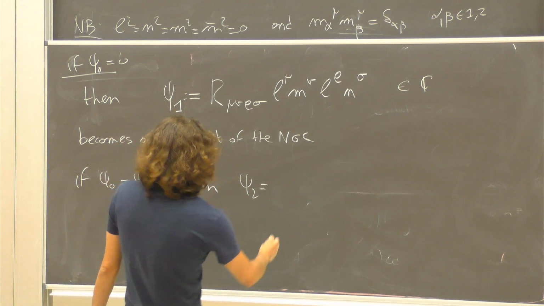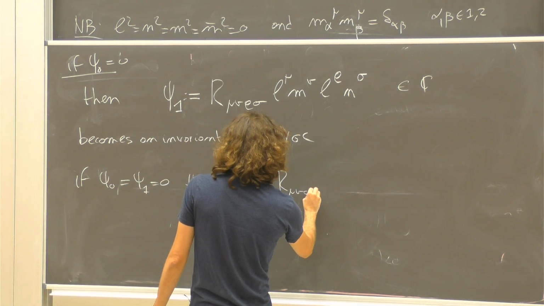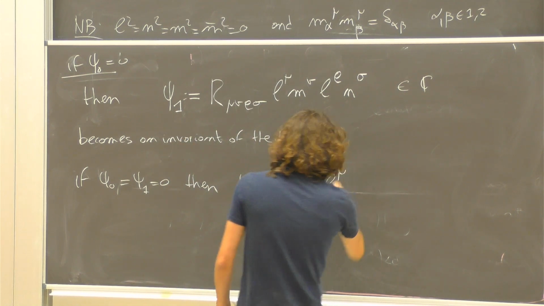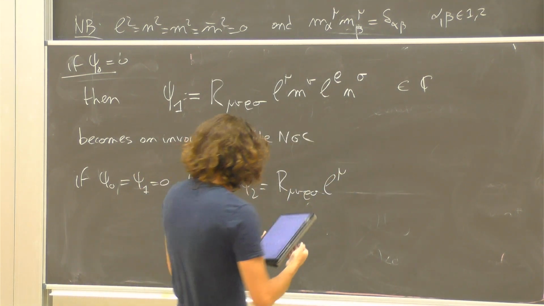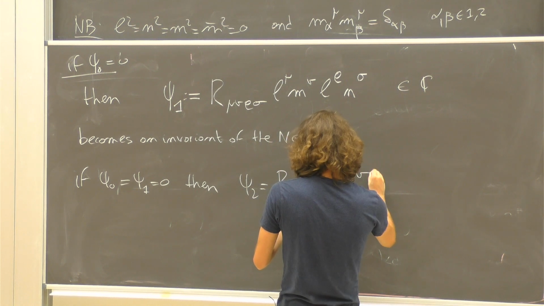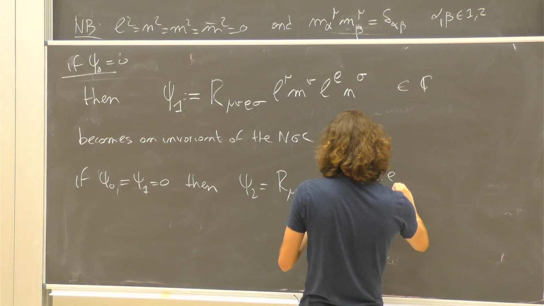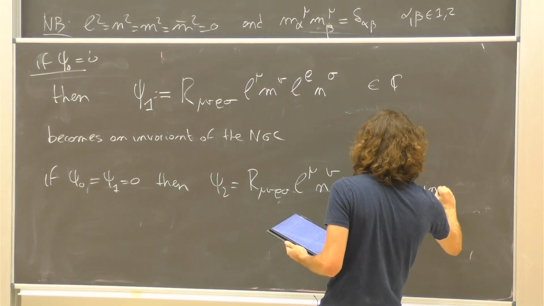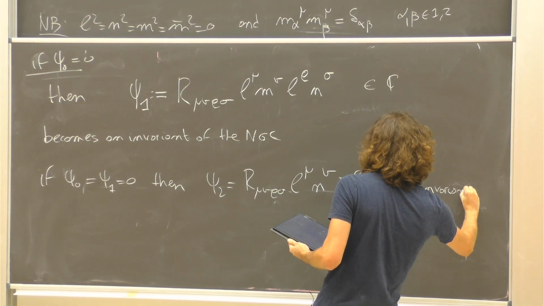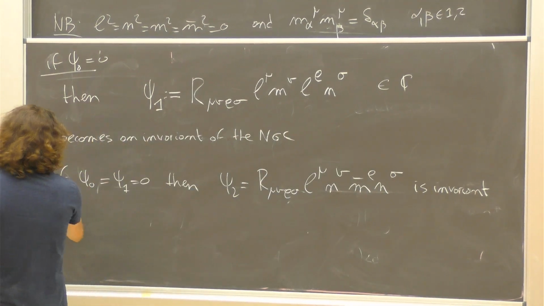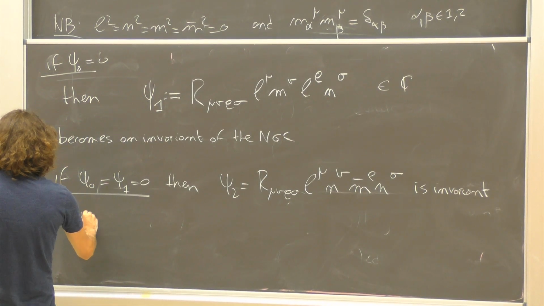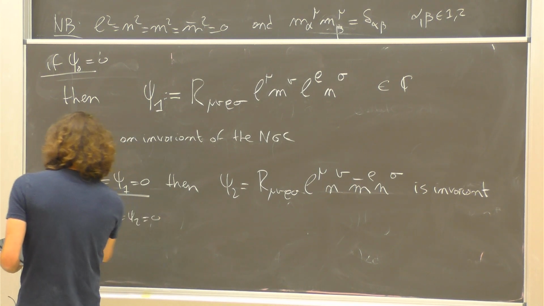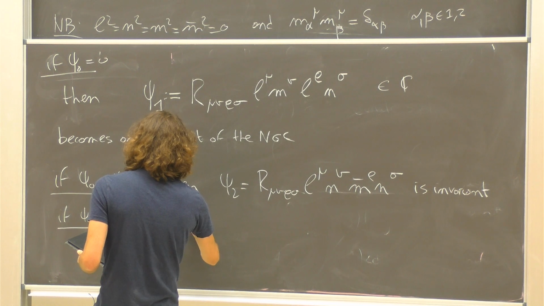So psi2, R mu rho sigma, is invariant, and then you continue like this. So now, if the three are zeros, then there is another guy, and I'm not going to write them all. You can find them on the internet.